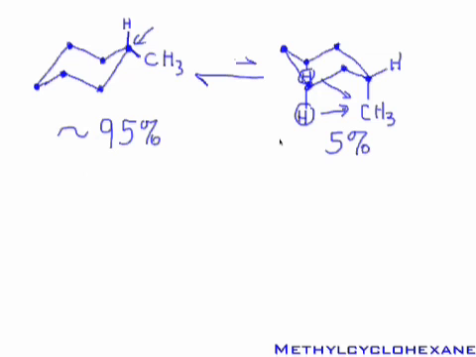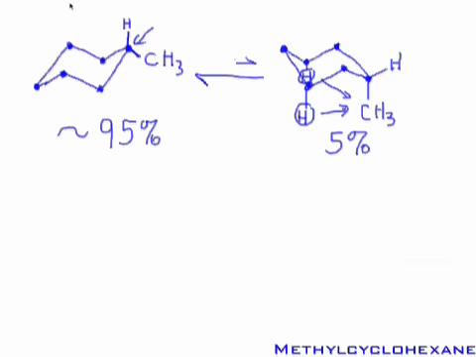So now, if I gave you a question that stated, draw a methylcyclohexane, I could add the proviso, draw the most stable conformer, or I could say, draw the least stable conformer. In which case, I would draw a structure on scrap paper.